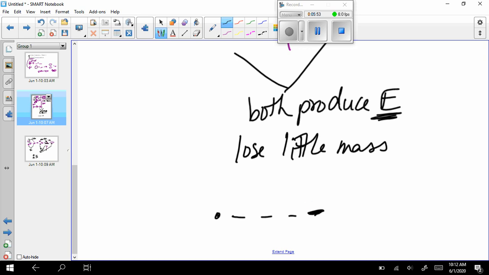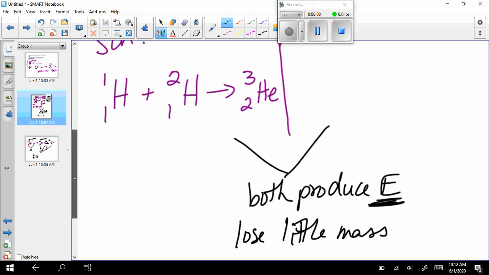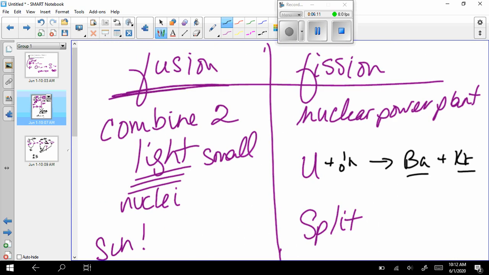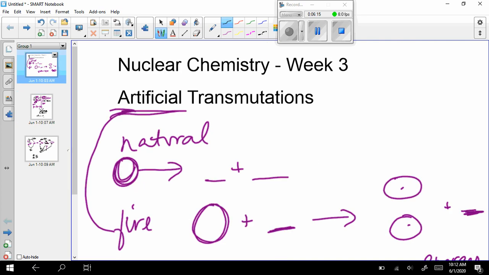It's not something that we notice when we balance, because when we balance reactions, we're just looking at this first number, so we would never notice this little bit of loss of mass. But that little tiny loss of mass causes a big change in energy. So that's really it for artificial fusion, fission, the changes in energy, and you got to fire something at it for it to be artificial.